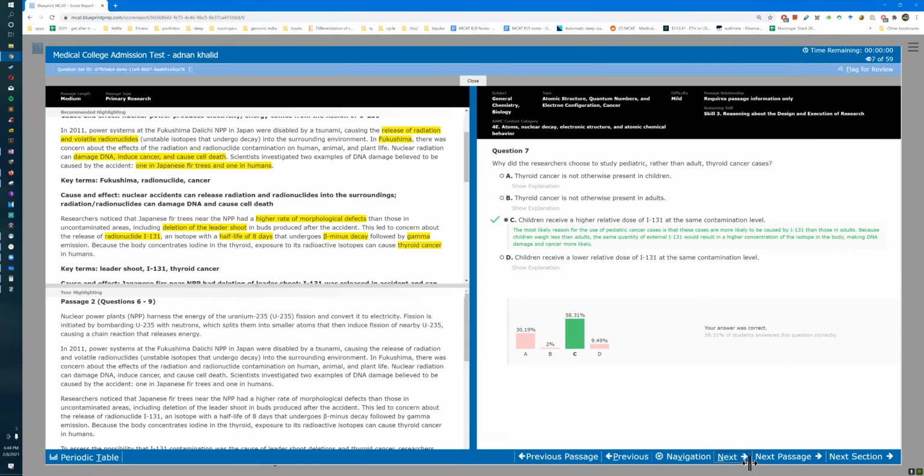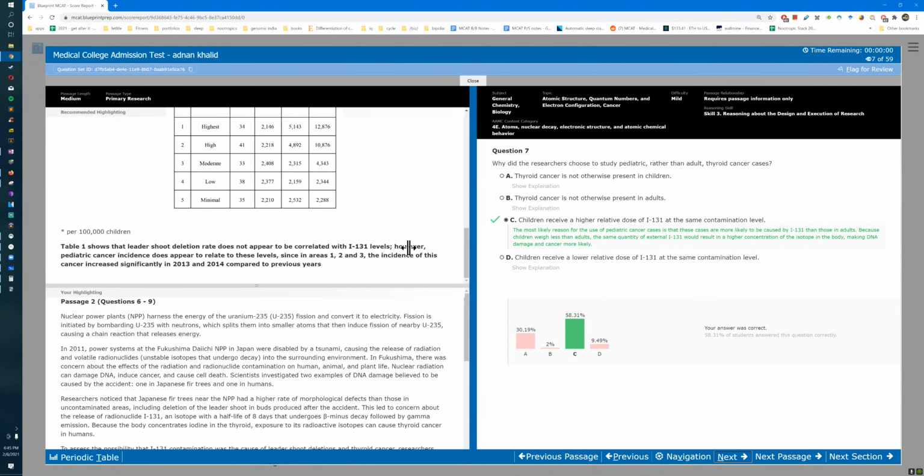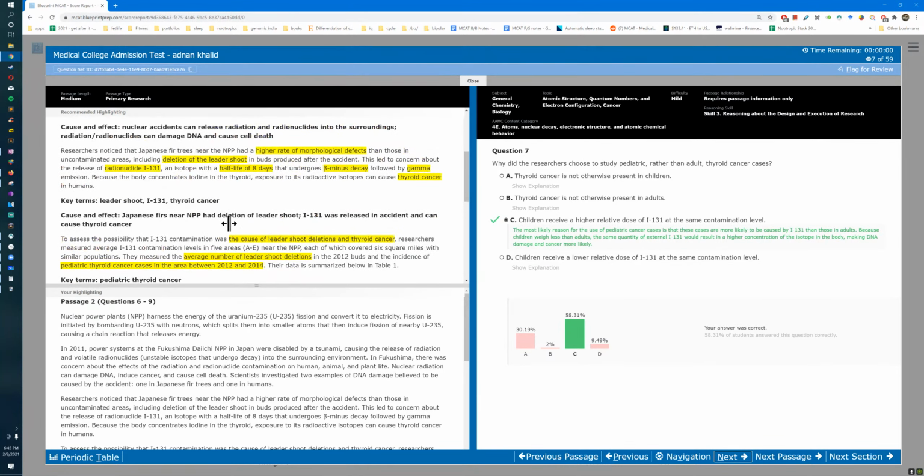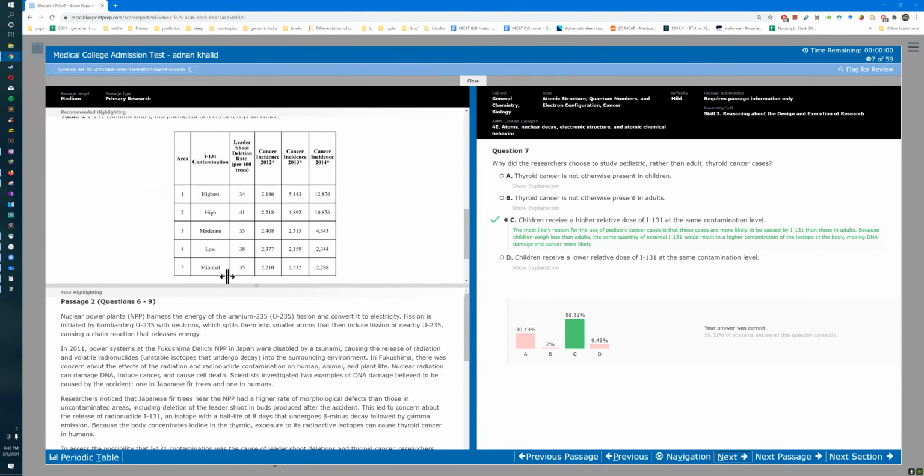Here, why do researchers choose to study pediatric rather than adult thyroid cancer cases? So basically, I don't know if it tells you this. Okay, so basically all we know is that we know the amounts of I-131 that is in these regions, right?